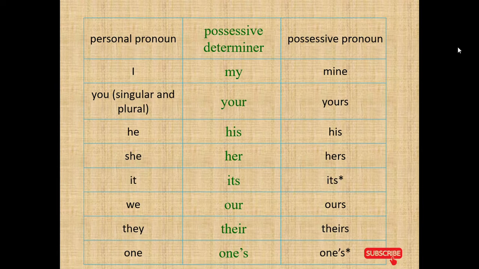This way, look at the green words only. Written in the middle of the chart: my, your, his, her, its, our, their, one's. These words can be used as possessive determiners. Okay, and they are modifiers.